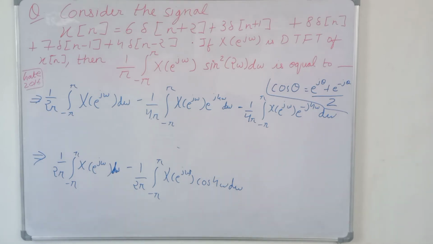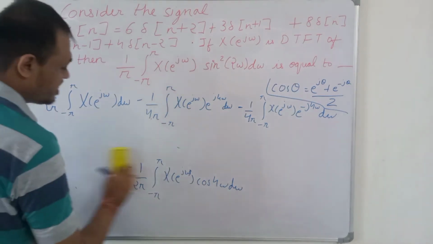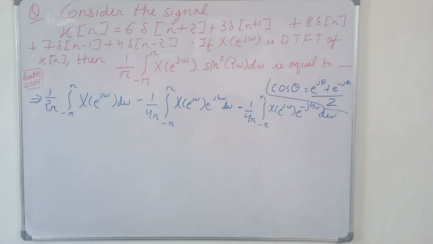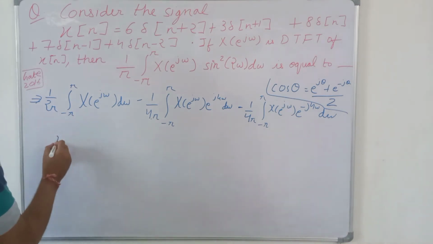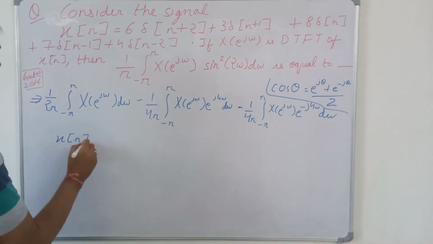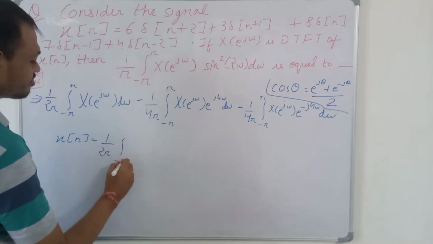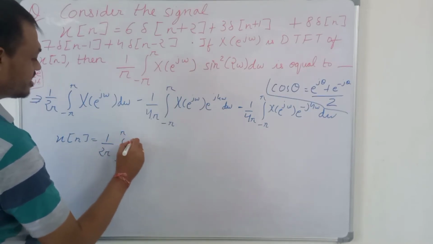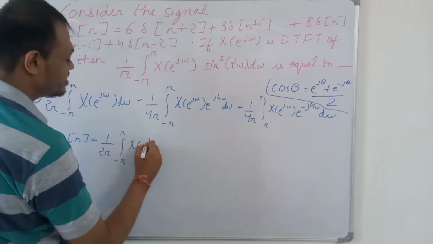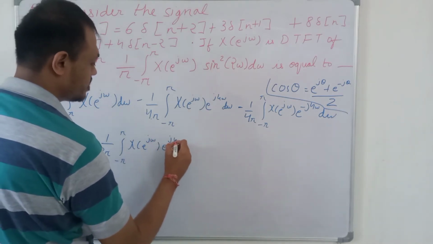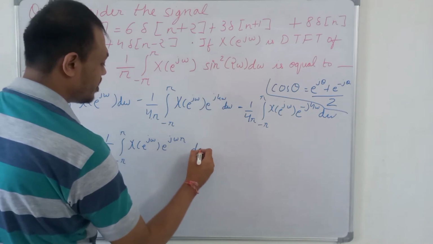Now the formula for the inverse discrete time Fourier transform is like this. X of n is equal to 1 upon 2 pi, integral from minus pi to pi, X of e to the power j omega e to the power j omega n d omega.